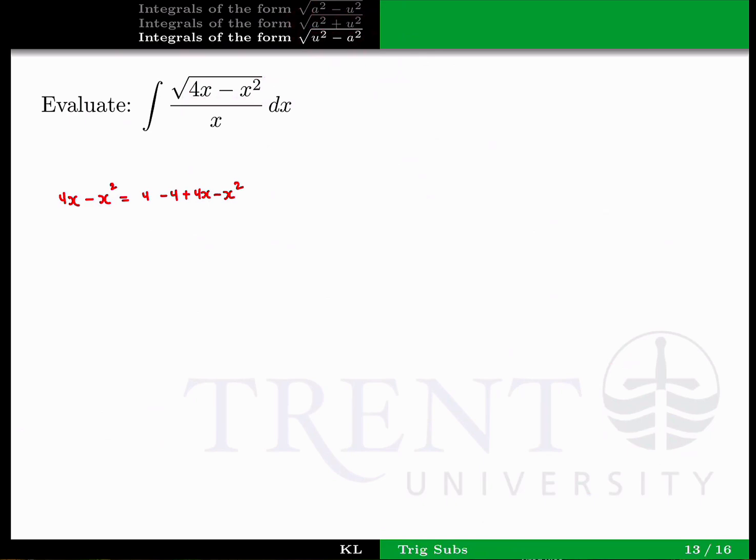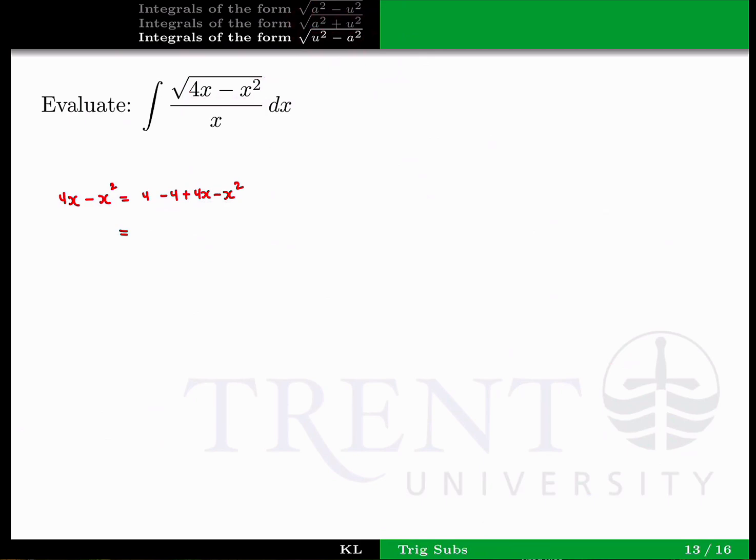However, we need that 4 minus 4. Particularly the minus 4. We will combine it to the 4x minus x squared. So what you will see is the following.